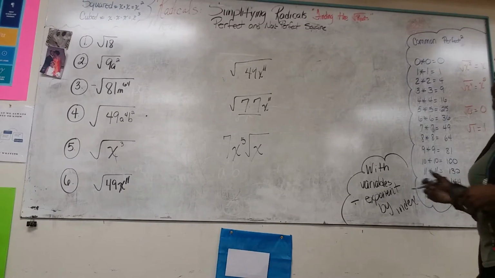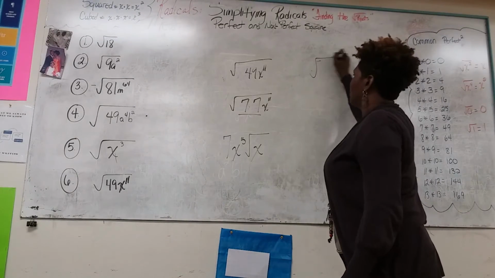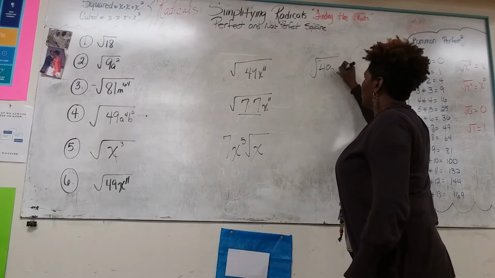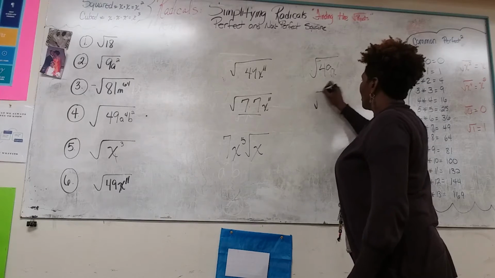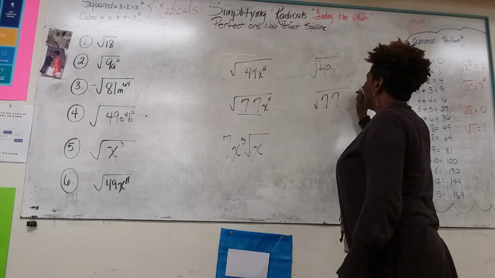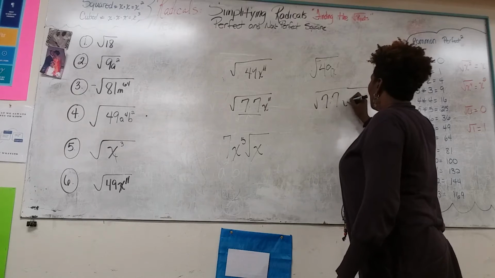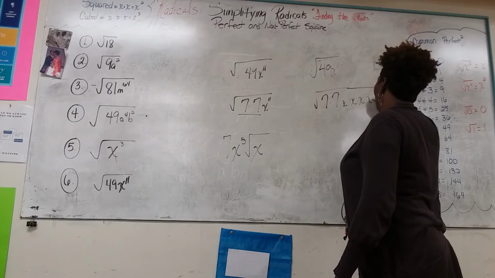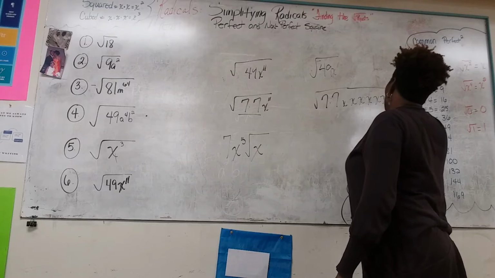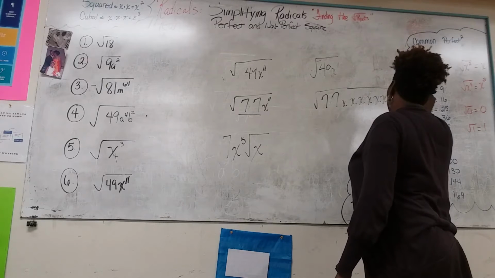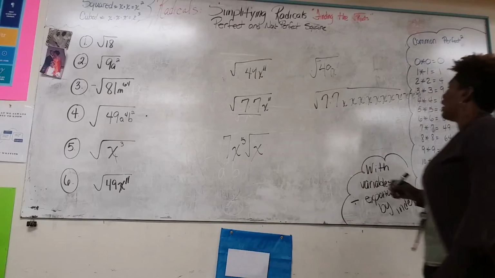Okay? All right, and I'll show you another way just so we won't be confused, which is 7 times 7. 1, 2, 3, 4, 5, 6, 7, 8, 9, 10, 11.